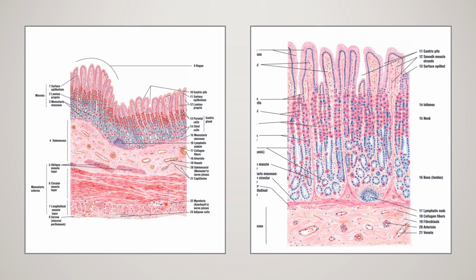Now one more thing: in the stomach, inner to the muscularis externa's inner circular and outer longitudinal layers, you can make out another oblique muscle layer. The cut section of the oblique muscle layer you can make out only in the case of stomach. So inner oblique, middle circular and outer longitudinal.